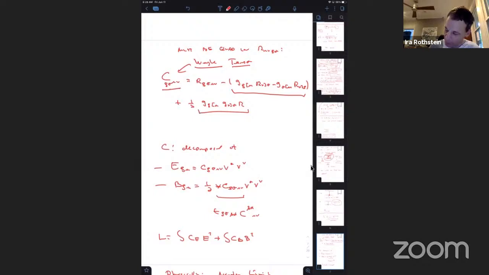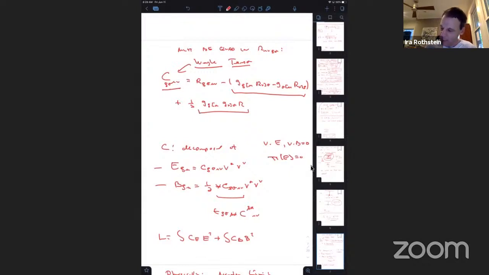These have the property that V·E and V·B are equal to 0, and they are also symmetric and trace-free.